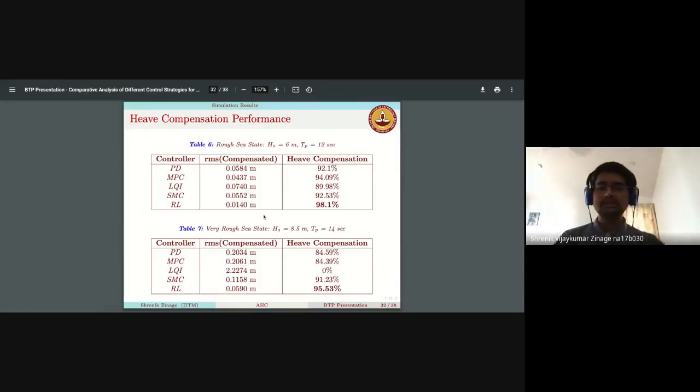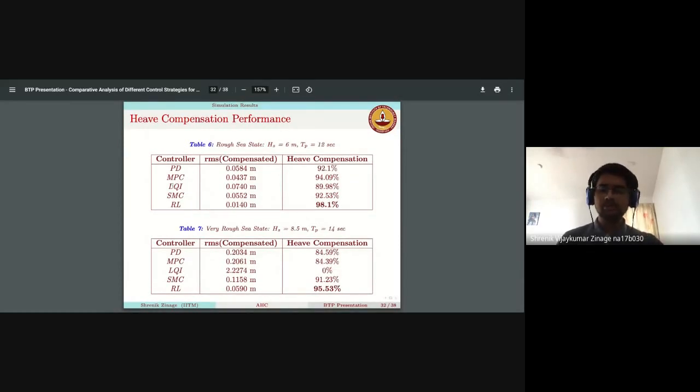Now, as the sea state keeps on increasing, the chances of the pump attaining saturation would be high. If I want to check which control is able to handle saturation better, I need to focus more on the heave compensation performance. If you see over here, the heave compensation performance for RL almost remained constant: 95, 98, 99, and 96. So it handled the saturation better.